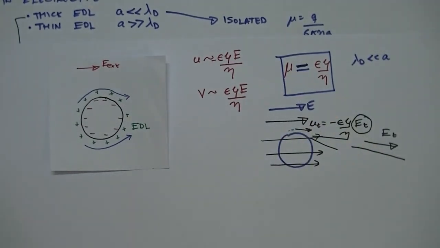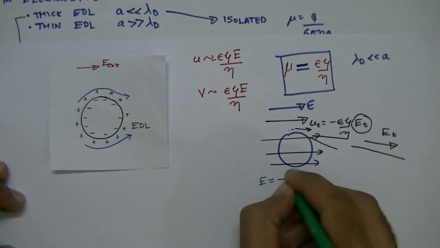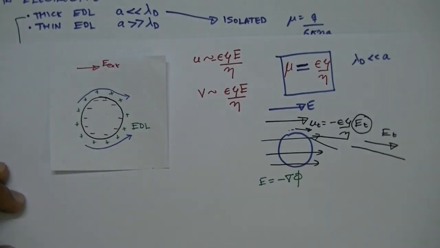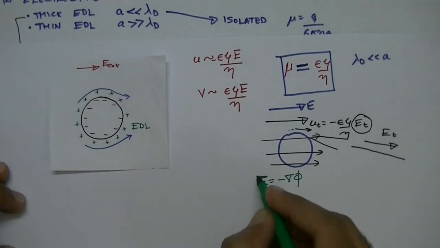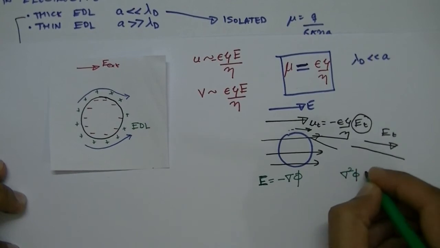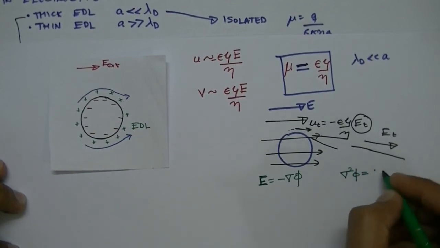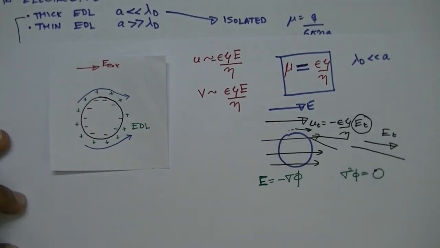Outside the EDL you have no charge, and therefore we can model the electric field by first introducing a potential, because the quasi-static electric field is irrotational. We know that del squared phi is related to the free charge in the liquid, but outside the EDL there is no charge, so we should solve the Laplace equation del squared phi equals 0.